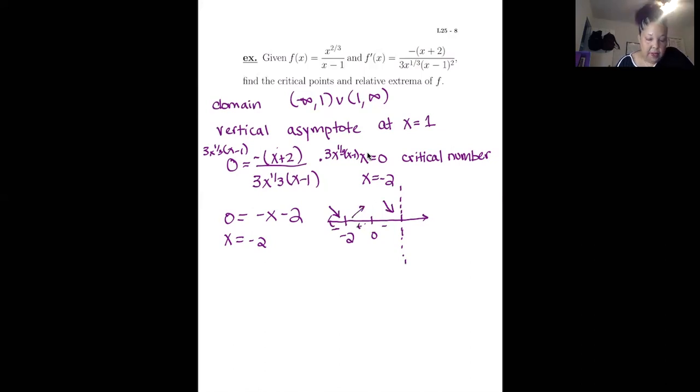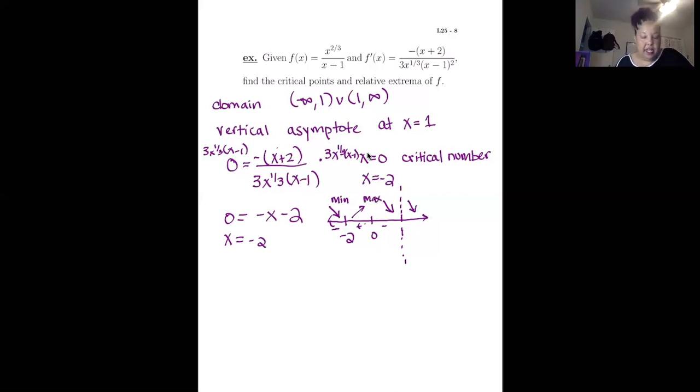And if I plug in something bigger than 1, I'm also going to get something negative. All right, so it switches from decreasing to increasing at negative 2, so there's a min there. And it switches from increasing to decreasing at 0, so there's a max there.